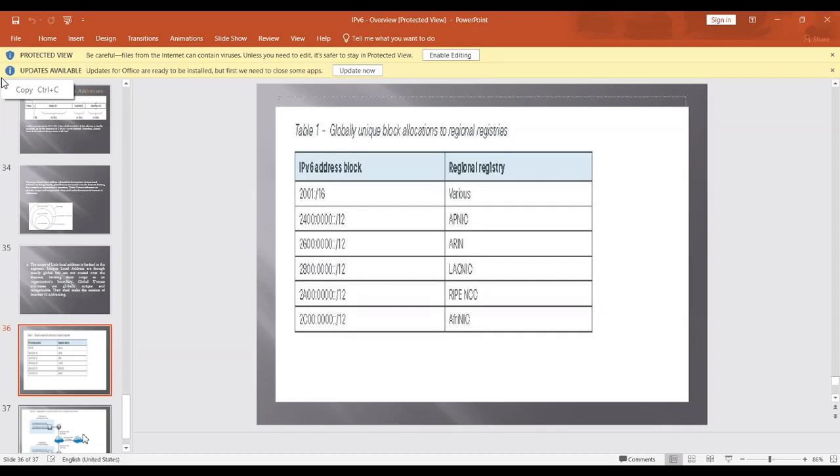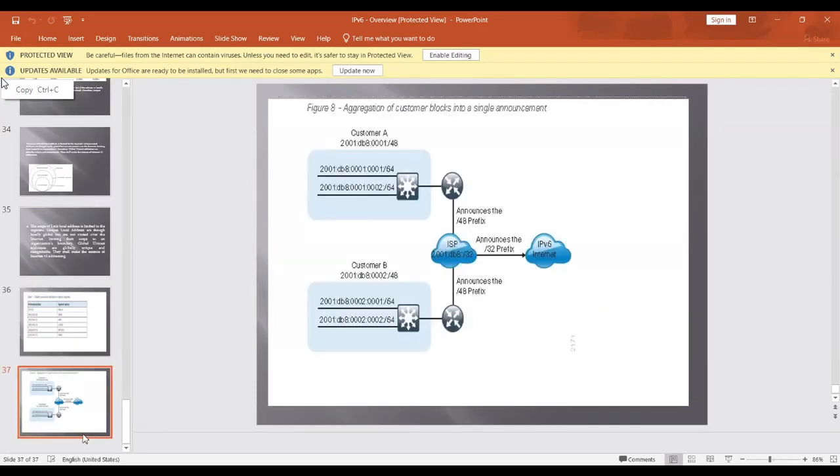These are some of the regional registries, the organizations which provide IP addresses for different autonomous systems in different countries. You can search on Google and find out more information on that. For your information, I have explored this. These are the practical implementation of aggregated IP addresses.